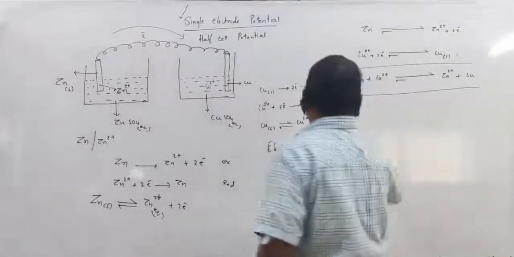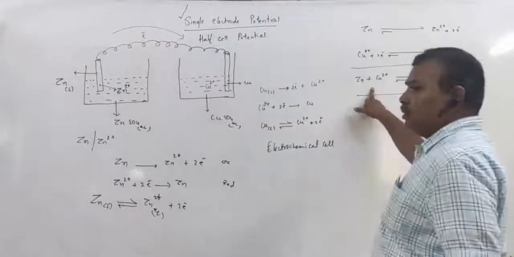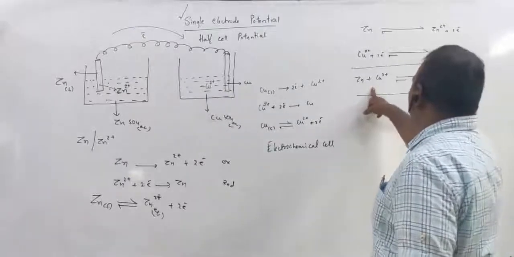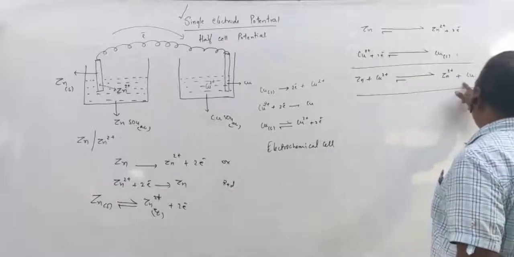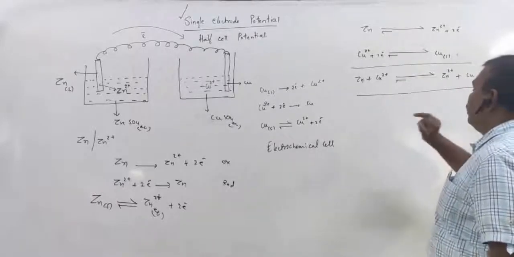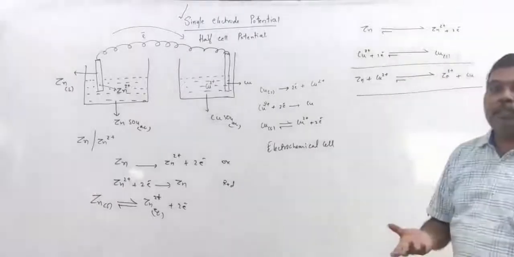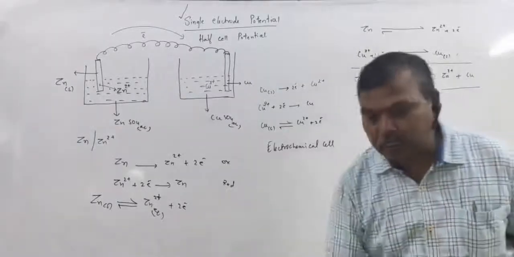Is it clear? This is the reaction that takes place in the electrochemical cell. As long as the reaction proceeds to the right-hand side, the cell generates electrical energy.